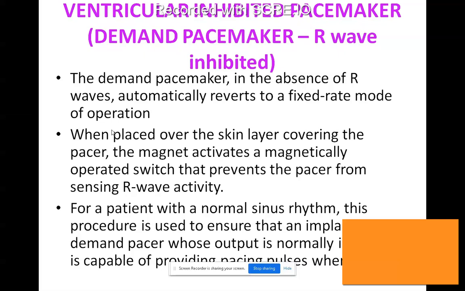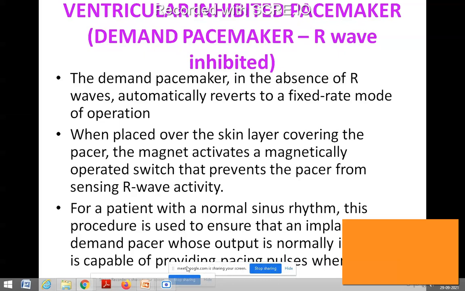For a patient with a normal sinus rhythm, this procedure is used to ensure that an implanted demand pacer whose output is normally inhibited is capable of providing a pacing pulse when needed.